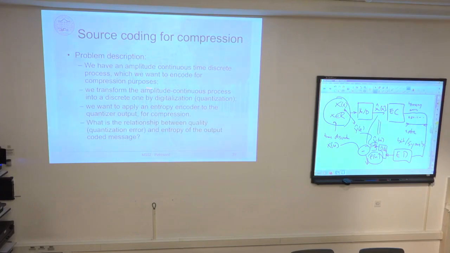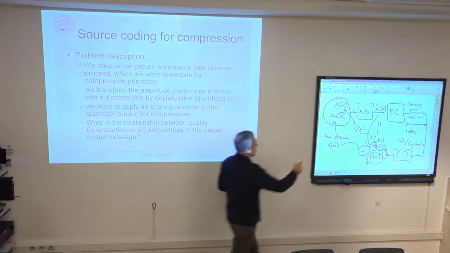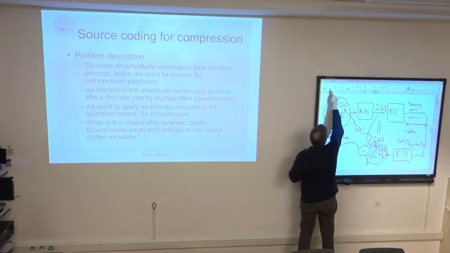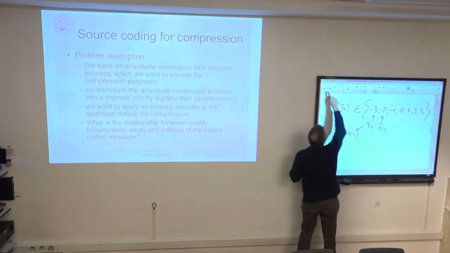We now transform it into discrete process, but not only discrete in time, but also discrete in value, because we have only, for example, in our case, 7 symbols allowed for representation of this X hat of n. So only these symbols are allowed.